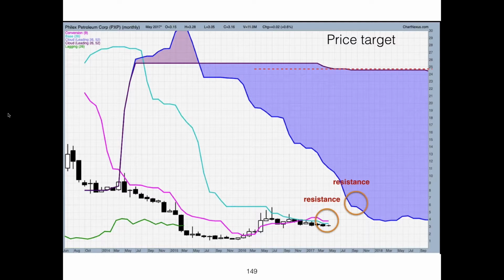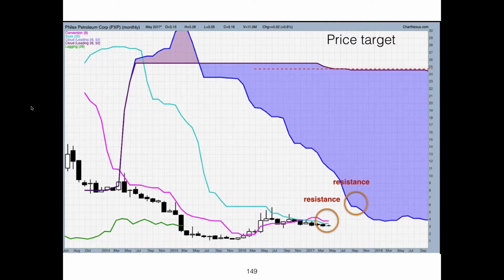Again, not all are able to reach these price targets within the Kumo. Some are unable to reach the Kumo top.